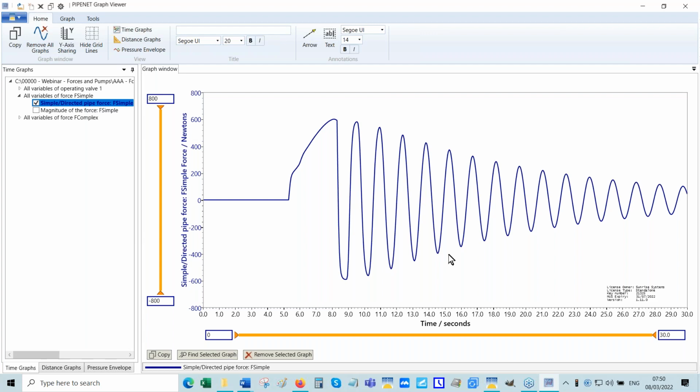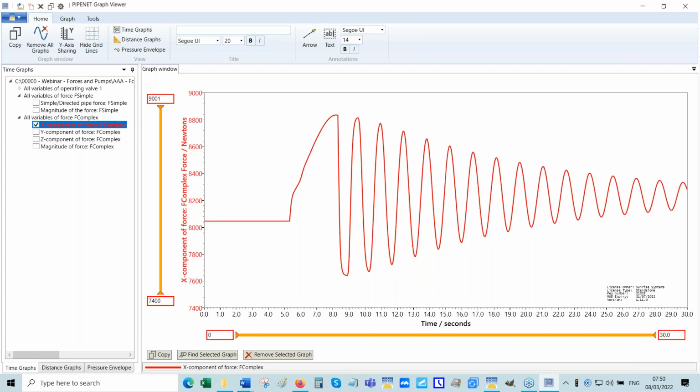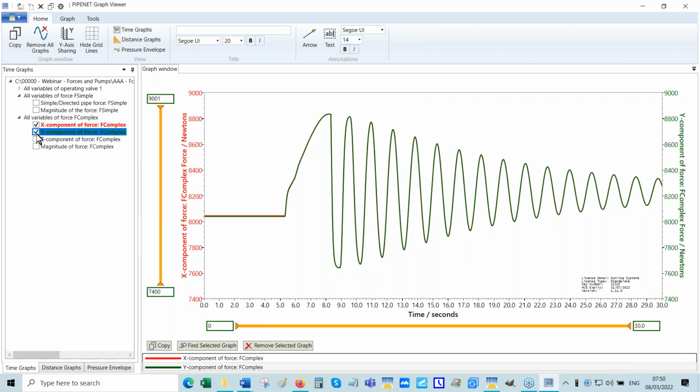And the complex force is defined here. We can have a look at that. Let me remove that for simplicity. I have an X component. You also have a Y component.